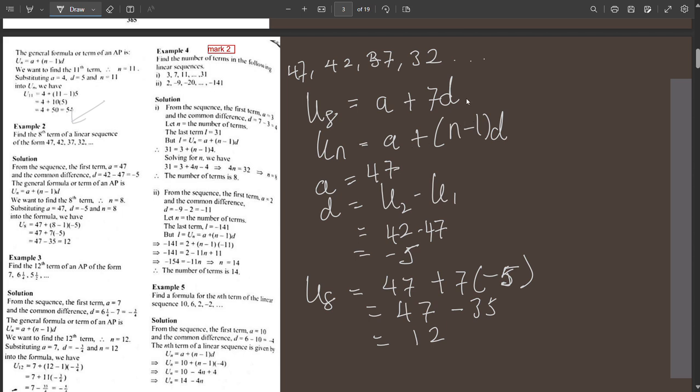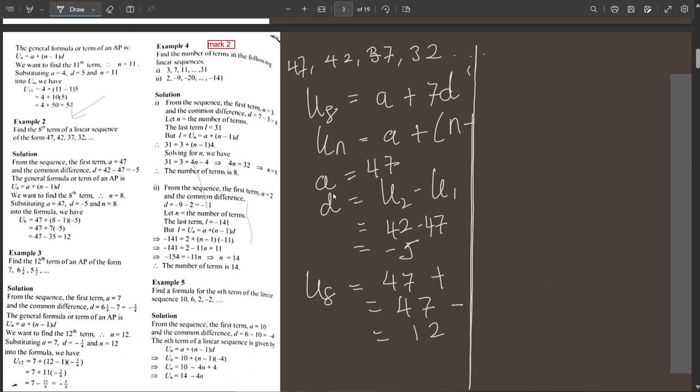Example 3. Find the 12th term of the AP of the form 7, 6 1/4, 5 1/2, 4 3/4. Right, example 3. Find the 12th term.